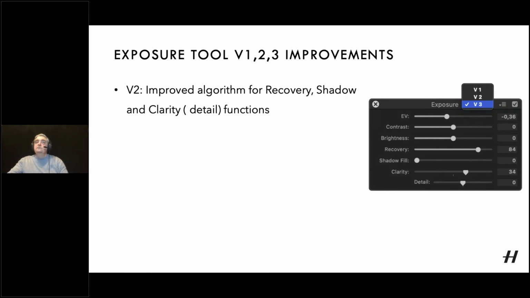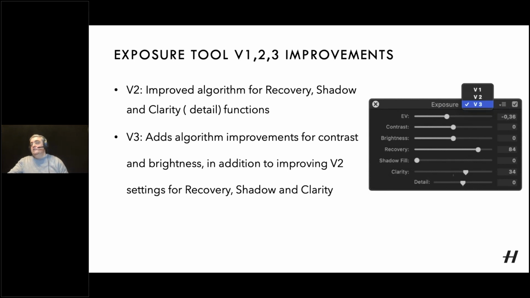Effectively, V2 improved the recovery and shadow and the clarity detail functions. And then version 3 added some improvements for contrast control, brightness control, plus tweaked what we'd done for the recovery and the shadow and clarity. So if you like, it's the latest incarnation of the algorithms.